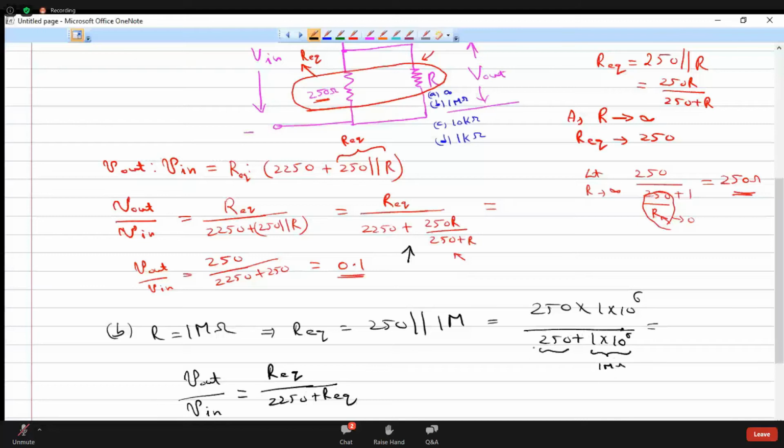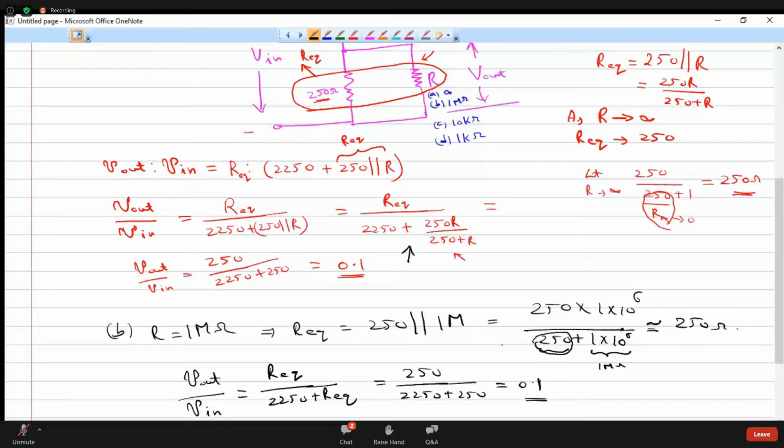So we can neglect this 250. So approximately this is equal to 250 ohm. So we have 250 upon 2250 plus 250, which is again equal to 0.1.